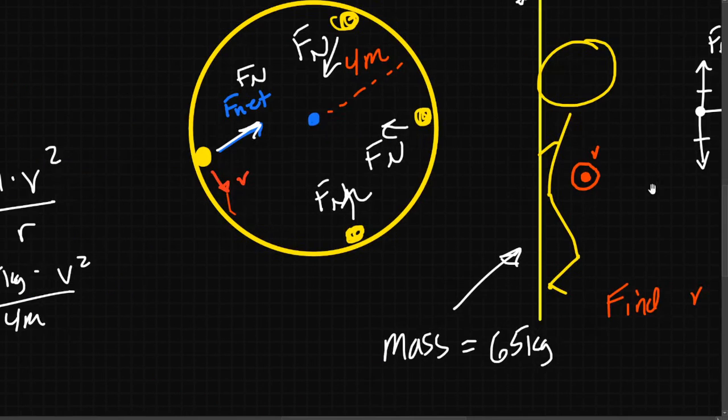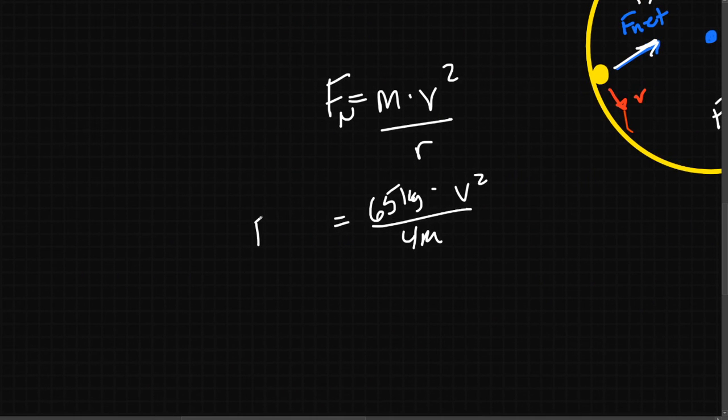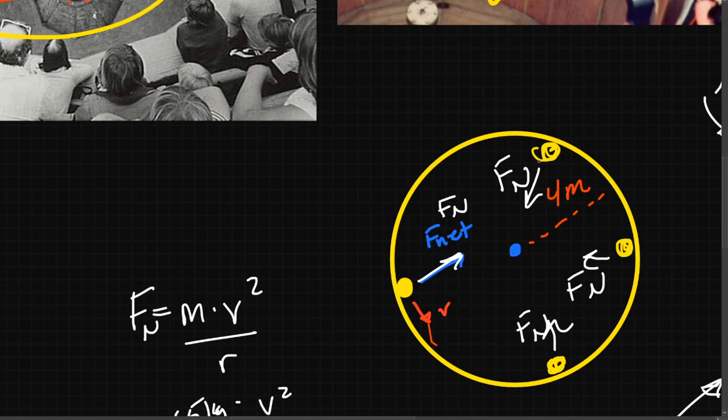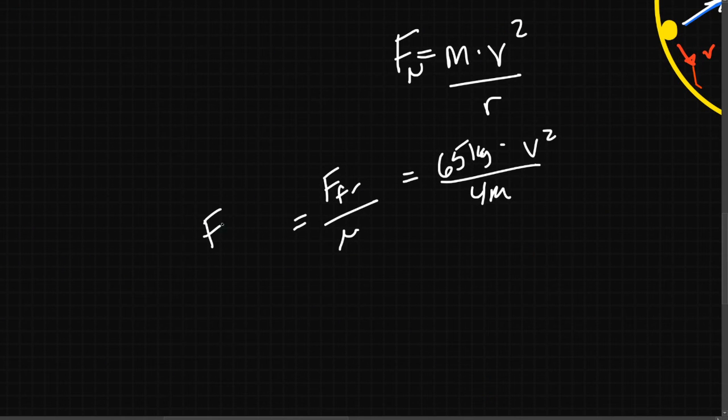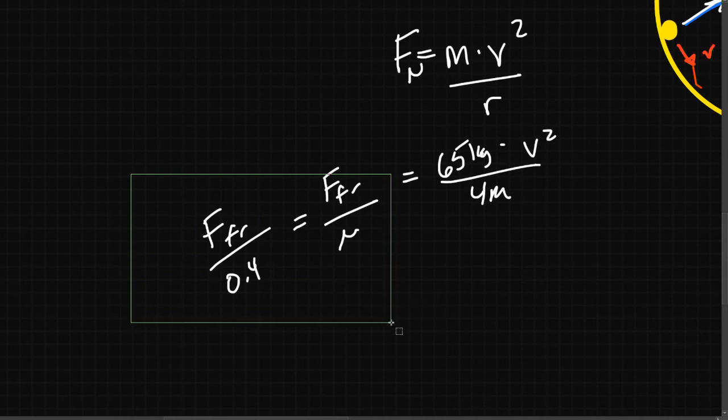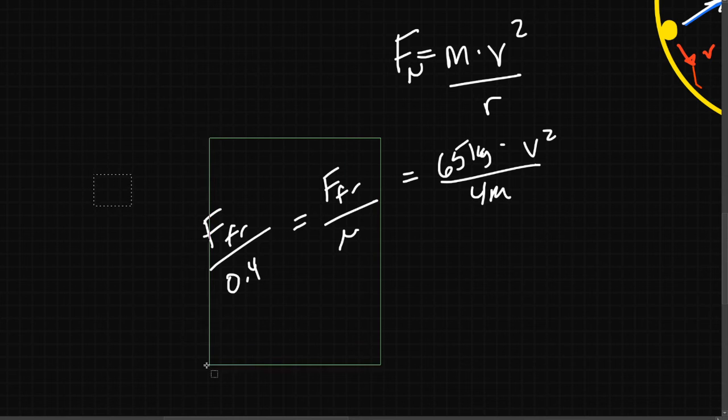We know the coefficient of friction, so I'm just going to throw that in: the force of friction divided by whatever our coefficient of friction is, where our coefficient of friction is 0.4. So the force of friction divided by 0.4. Oh, sorry, let me fix. My math's starting to get a little wonky.